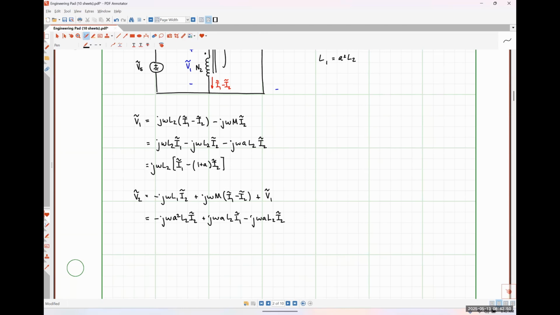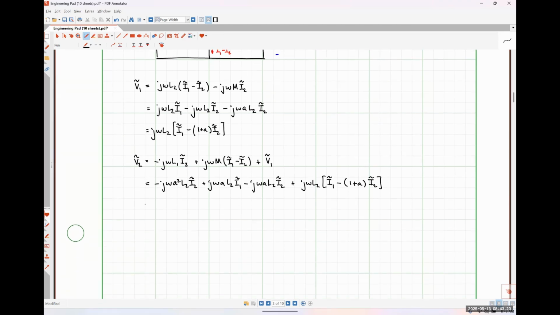And now I'm going to substitute in that V1. That was j omega L2 times a factor of I1 minus 1 plus A times I2, like so. Now I need to clean some things up.